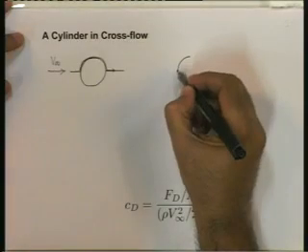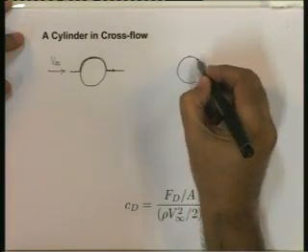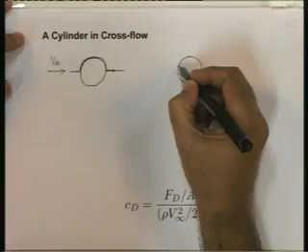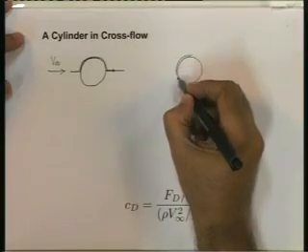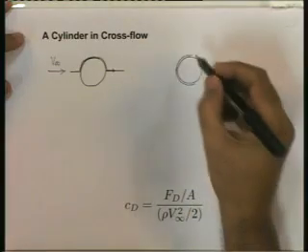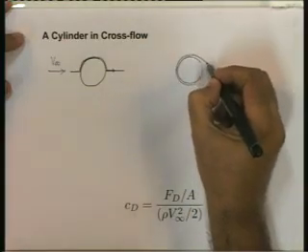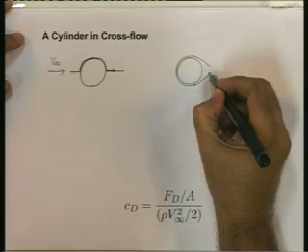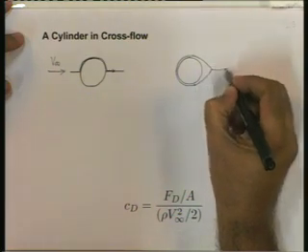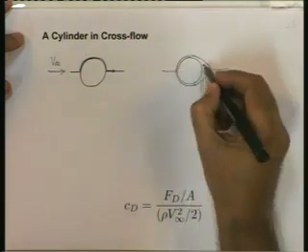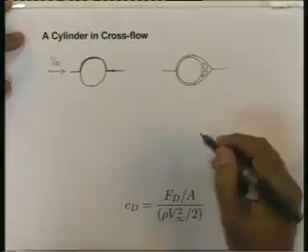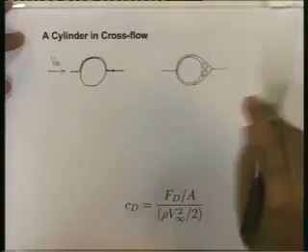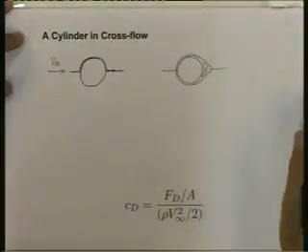As you go to higher values of Reynolds number, we have a nice laminar boundary layer which develops, which separates. And we have a small separation zone here, where there are two counter rotating eddies.